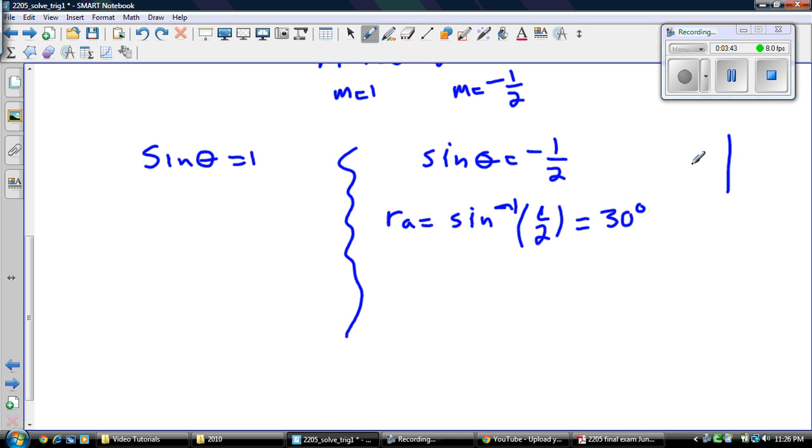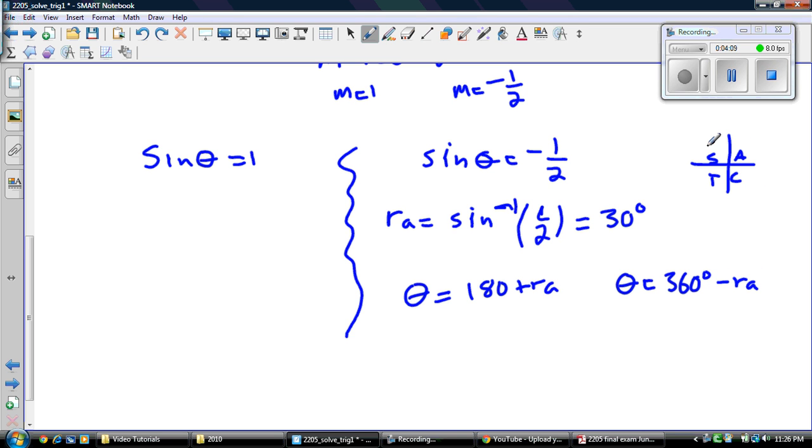So we're looking at where sine is negative. C, A, S, T. So it's negative in C and T. So my theta is going to be 180 plus RA and 360 minus RA. That comes from our CAST rules.